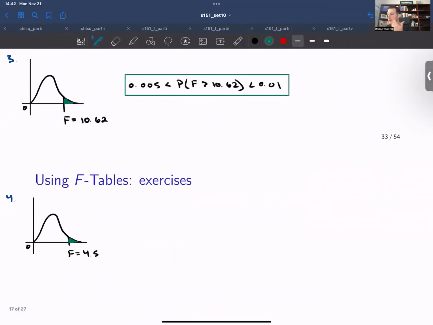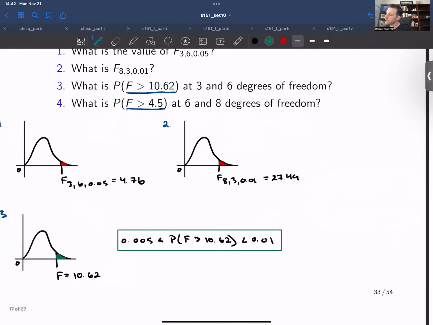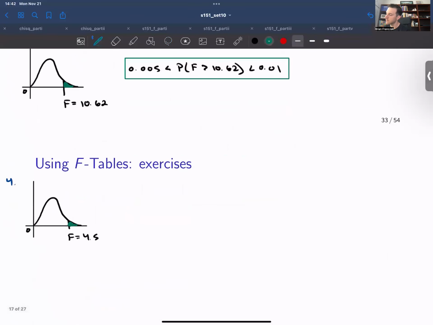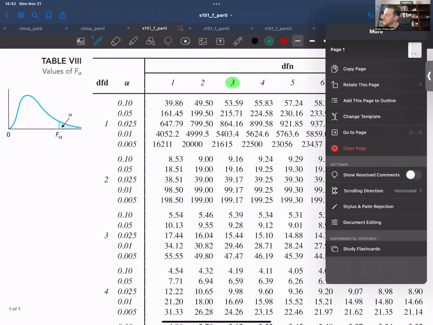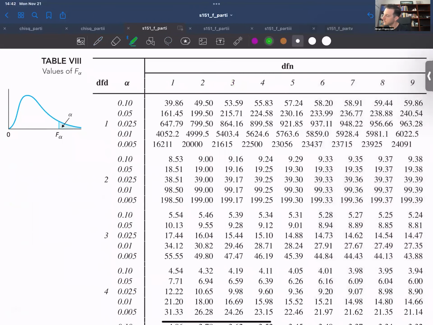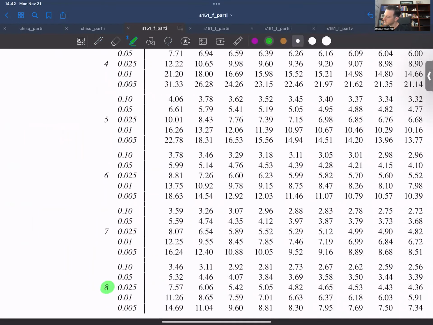With F tables, the illustrations will always be the same. We're always working in the skewed tail, so we'd always have the same style of setup. Our degrees of freedom are 6 and 8 in this case. So we go back to that first page of the F table and match 6 degrees of freedom to 8 degrees of freedom.